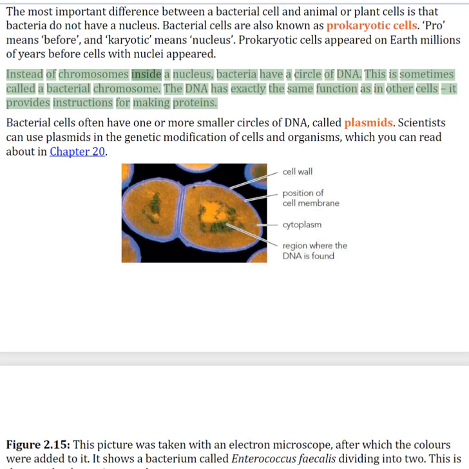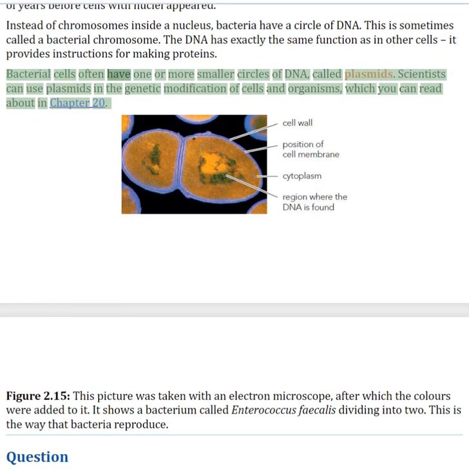Prokaryotic cells appeared on Earth millions of years before cells with nuclei appeared. Instead of chromosomes inside a nucleus, bacteria have a circle of DNA. This is sometimes called a bacterial chromosome. The DNA has exactly the same function as in other cells. It provides instructions for making proteins. Bacterial cells often have one or more smaller circles of DNA, called plasmids.